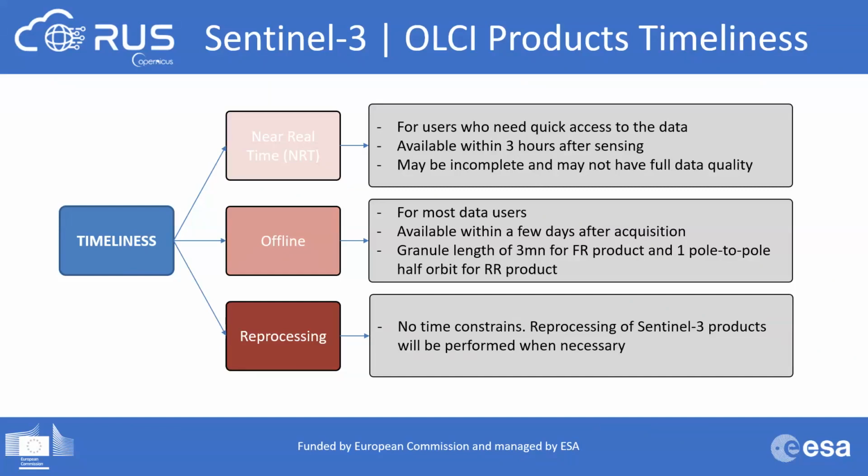Once those improvements or new algorithms have been developed, tested, and implemented, they're being incorporated to the operational processing chain, and then all the future OLCI measurements will be processed with the new algorithm. In order to have consistent time series, the agencies may decide to reprocess all previous OLCI measurements with the new algorithm and release reprocessed product collections.